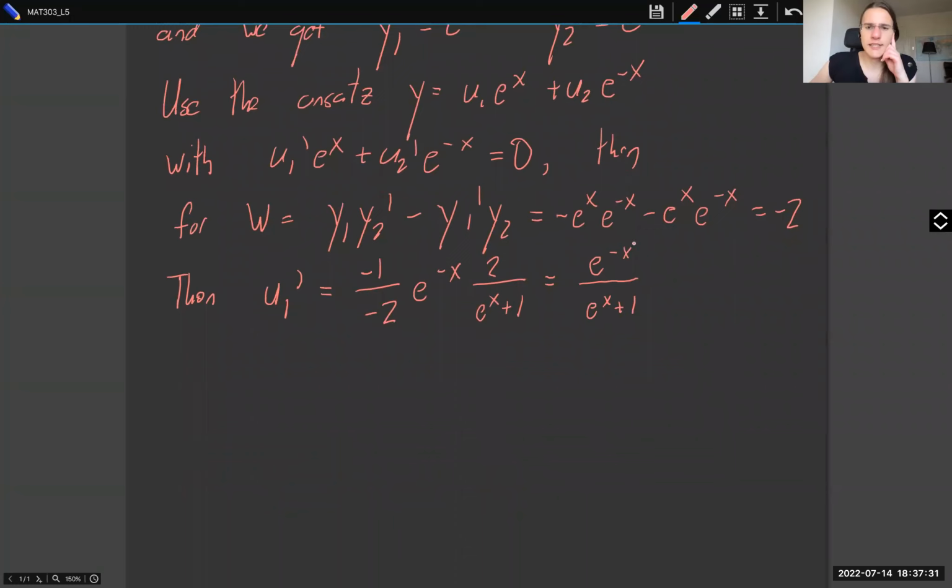But we can rewrite this in a nice way. Let's say that we considered e to the x plus 1 times e to the negative x.